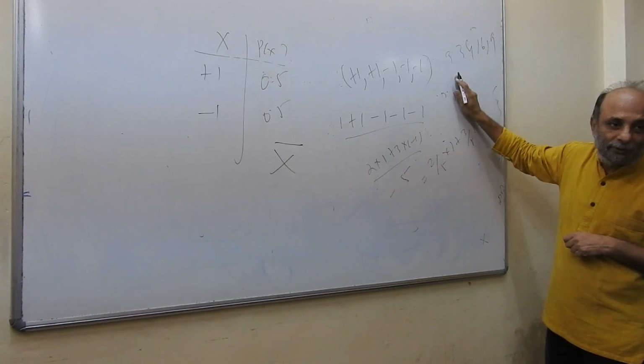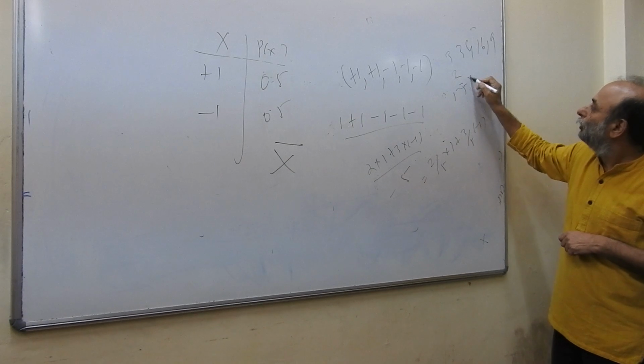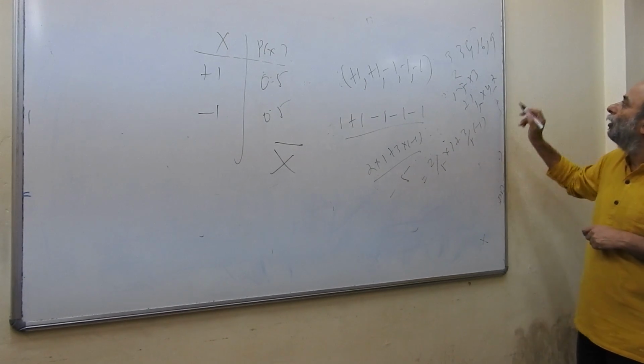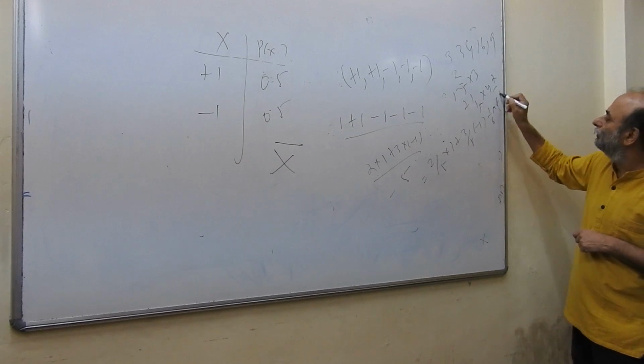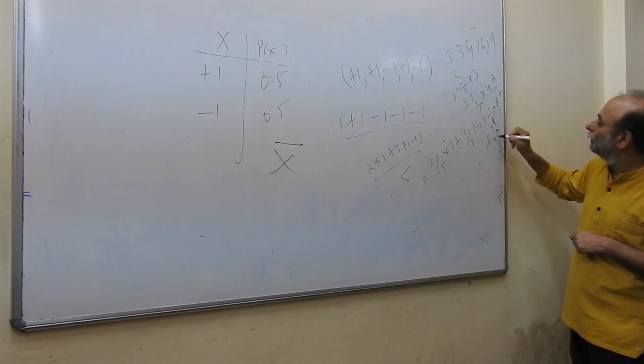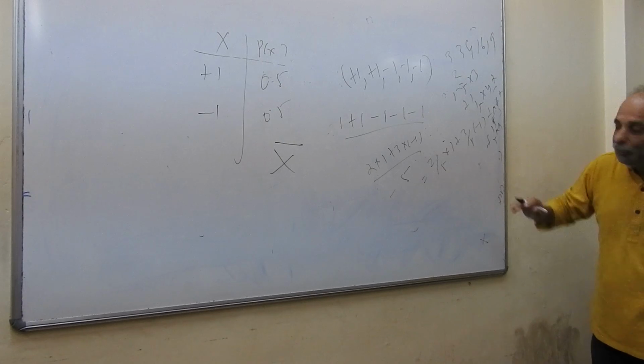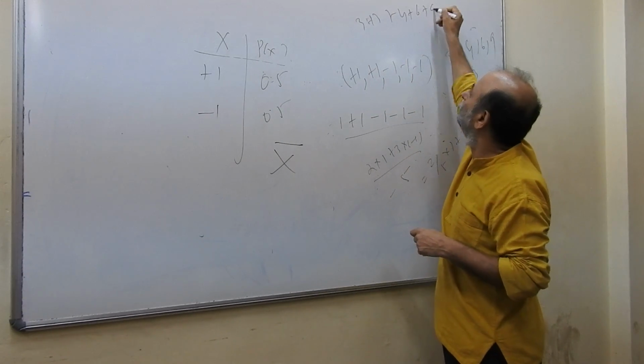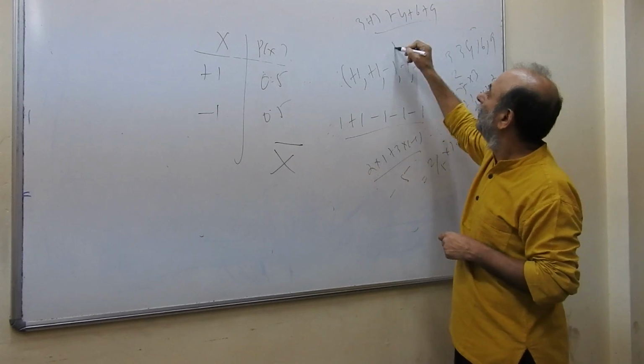I have got 3 twice, out of 5. So 2 upon 5 into 3 plus 1 upon 5 into 4 plus 1 upon 5 into 6 plus 1 upon 5 into 9. Because it would really be this, no? 3 plus 3 plus 4 plus 6 plus 9 upon 5.